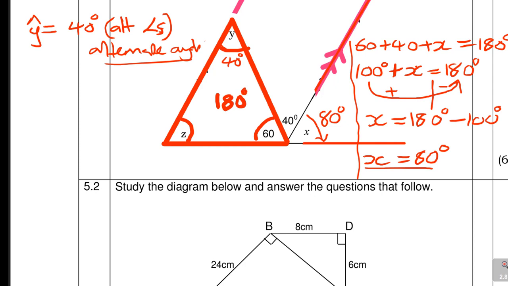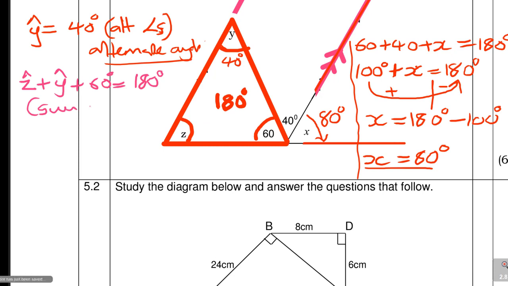Okay, so what does it mean? It means if I say angle Z plus angle Y plus 60 degrees is equal to what? 180 degrees. And what is the reasoning?